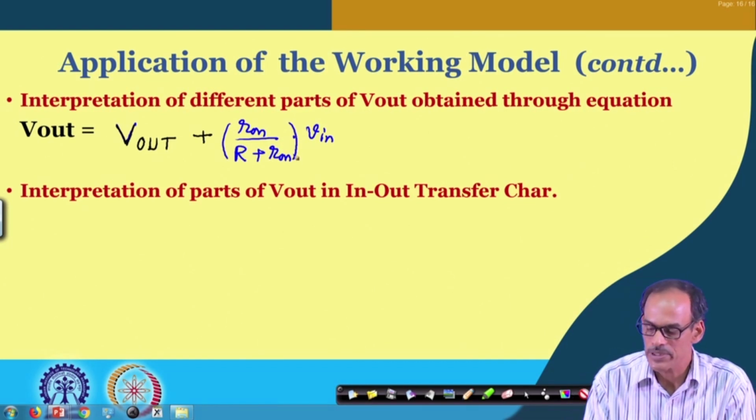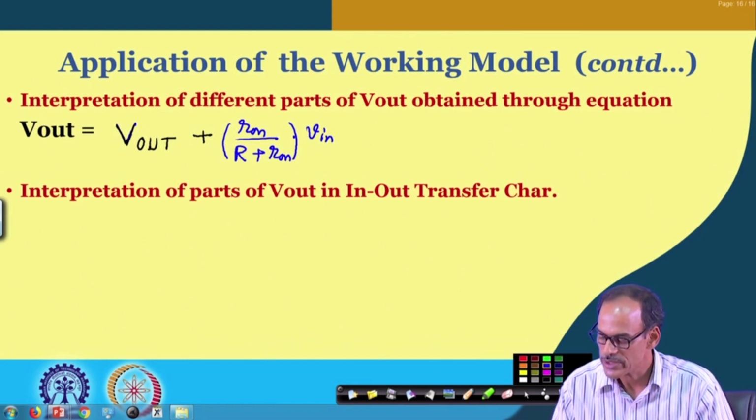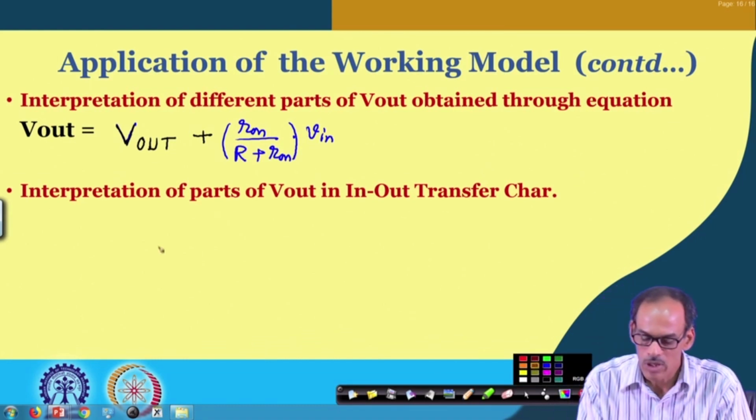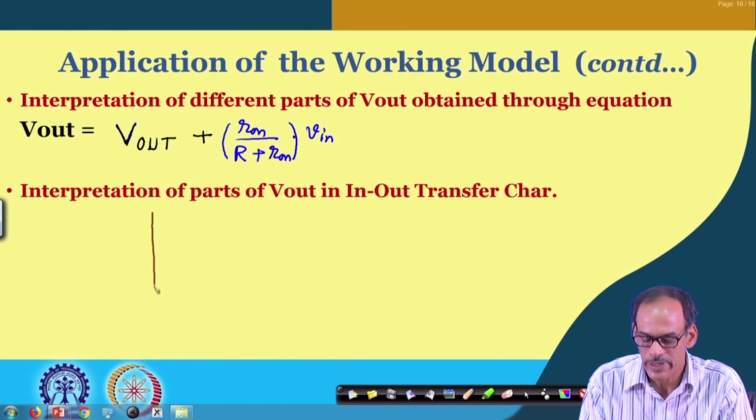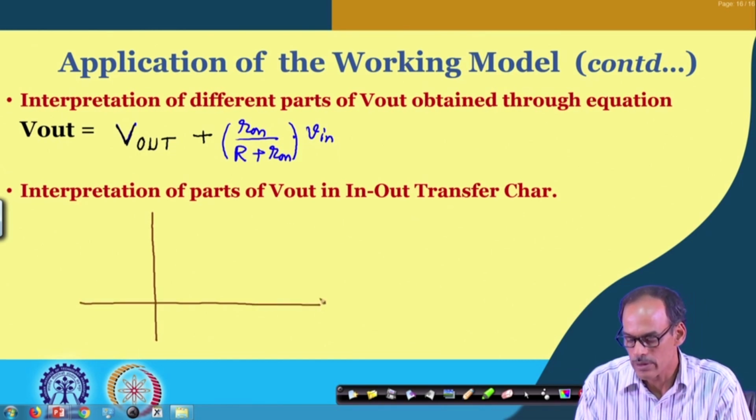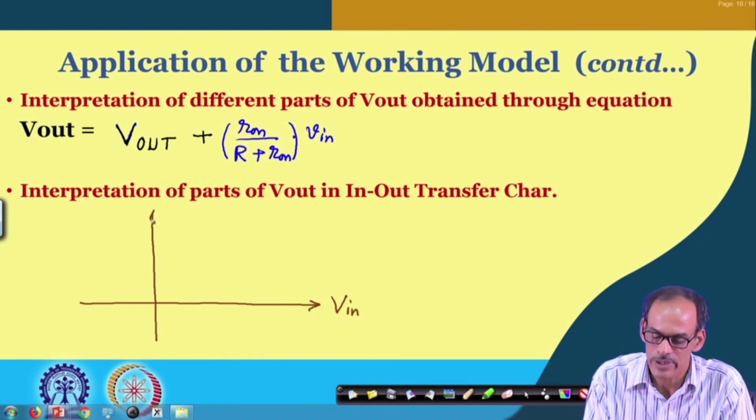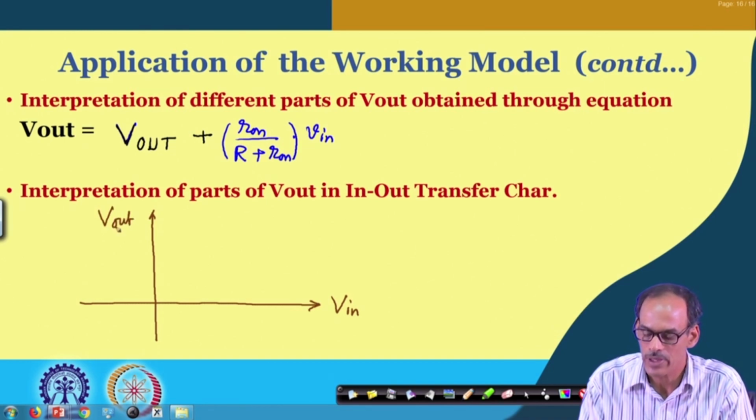Now, what is the interpretation in the transfer characteristic curve? You may recall that in the input to output transfer characteristic curve, this is the V in having both the DC part as well as the small signal part, and along the y axis we have V out.